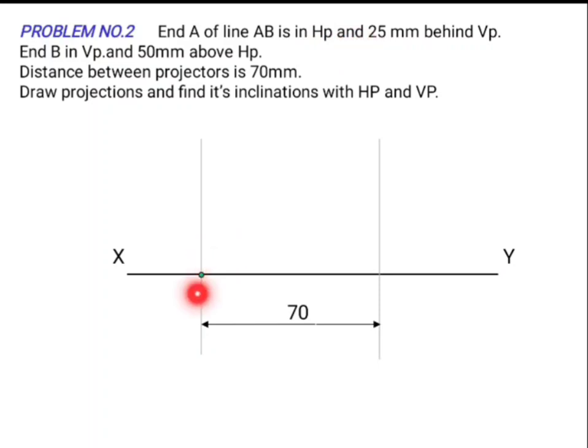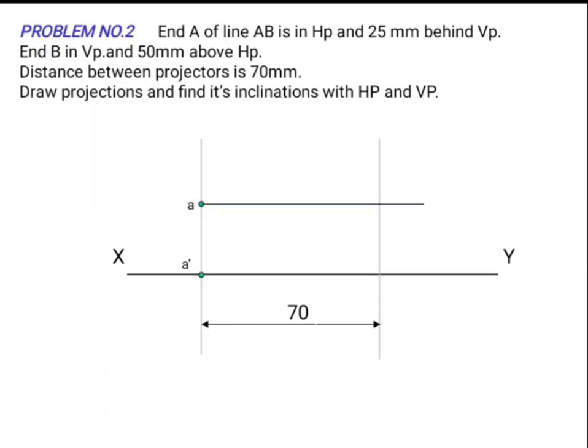So point A dash will be on the XY line, and it is 25 millimeter behind VP, which means the plan of the point A will be above the XY line. So 25 millimeter above the XY line, I can mark the point A.